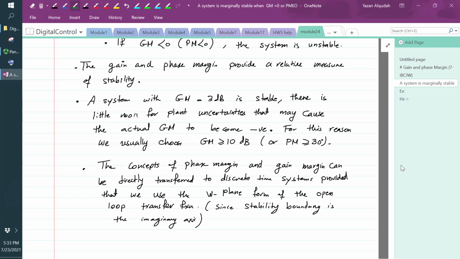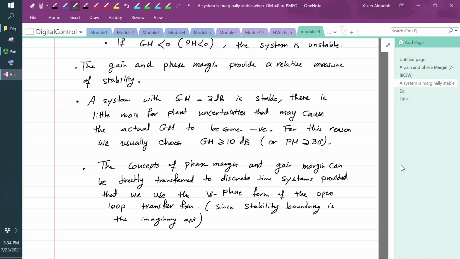However, I have a very small cushion against becoming unstable. So I want my gain margin to be as large as possible, because that is a cushion against becoming unstable. So we usually want a gain margin that is greater than a set value in dB and a phase margin that is greater than 30 degrees.